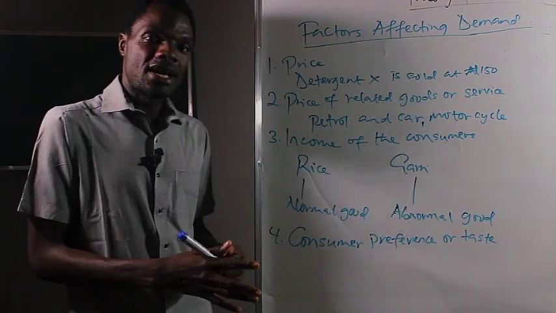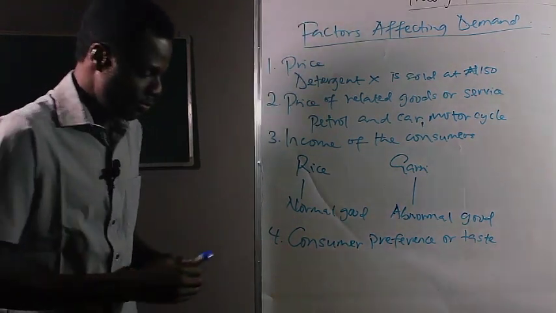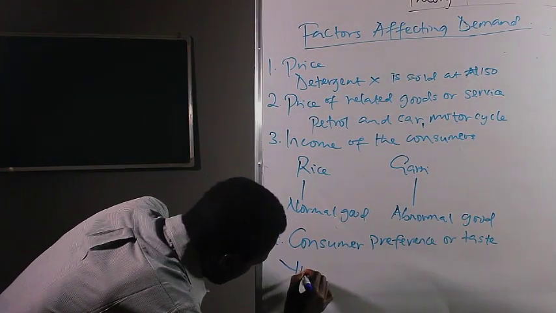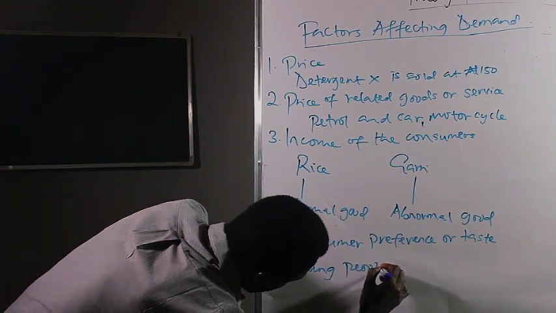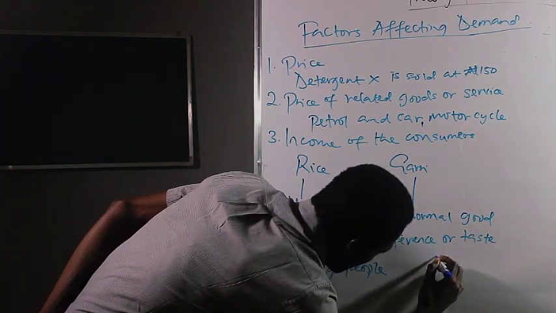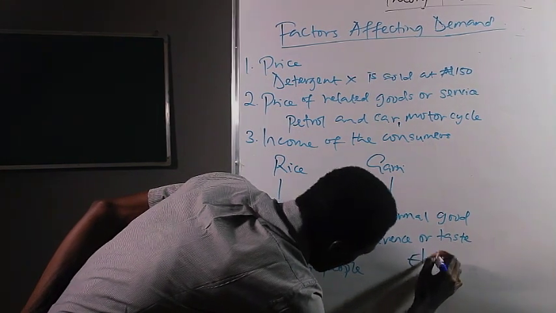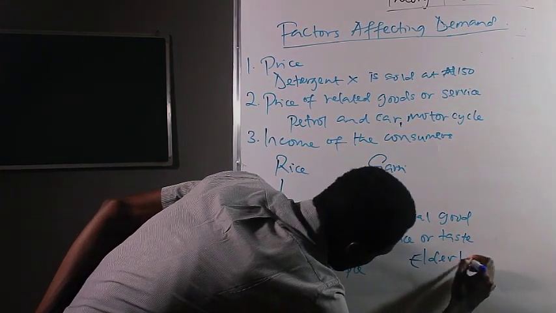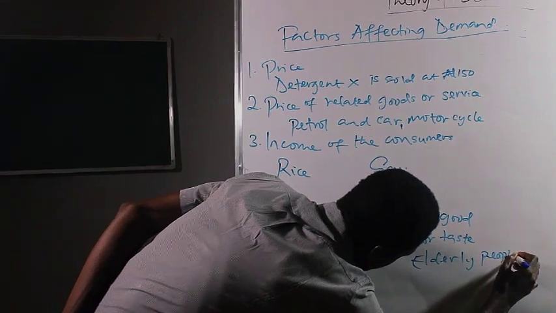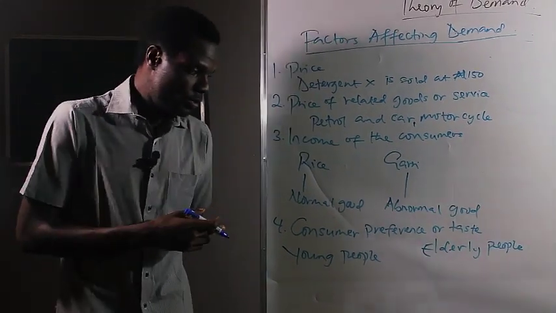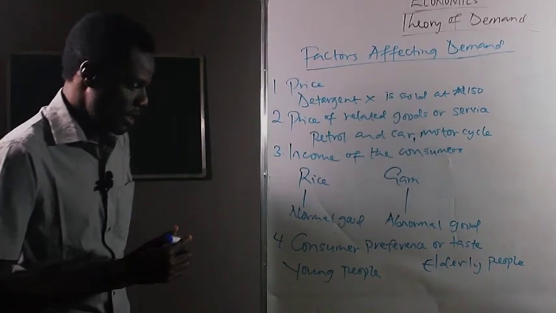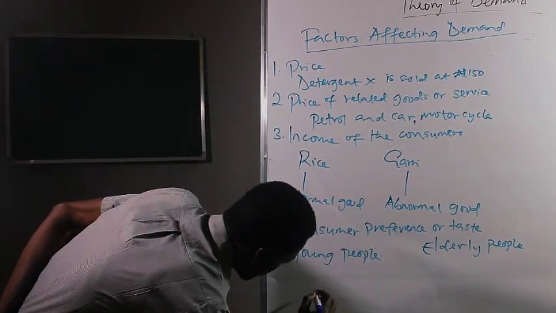So consumers can be categorized into different groups. For example, we have young people, and we may have the elderly. Both groups of these people have a taste for beverage, for example.